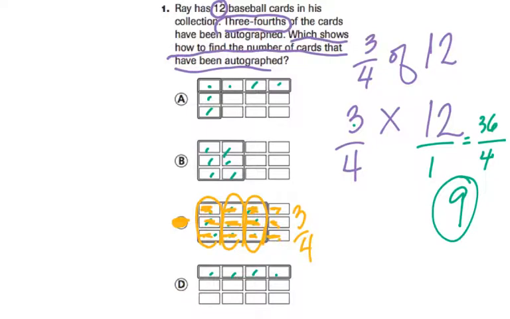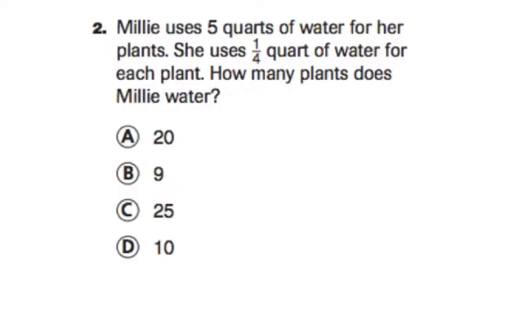Okay, let's look at another problem. Millie uses 5 quarts of water for her plants. She uses 1/4 quart of water for each plant. How many plants does Millie water?